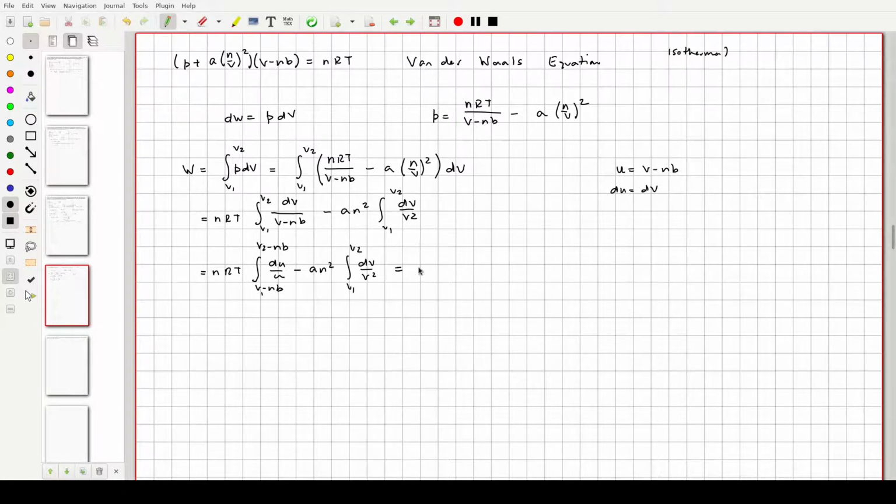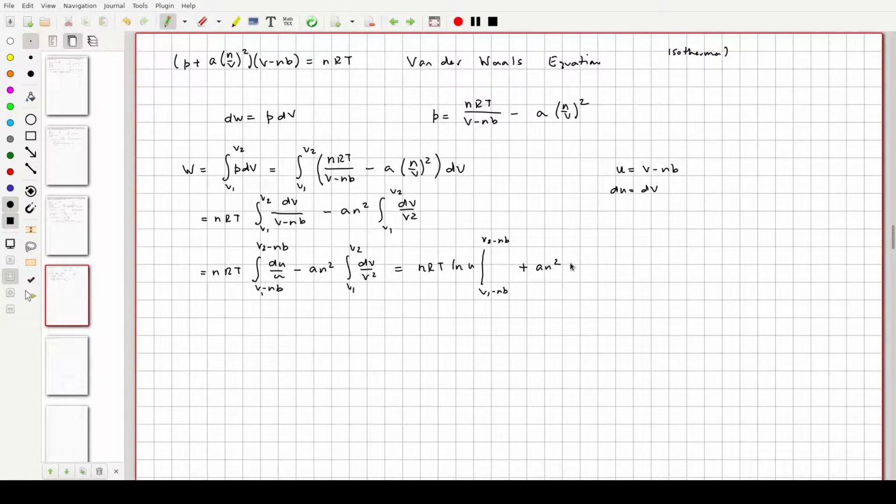So at the end of the day, you end up with n times R times T times the natural log of u, and u goes from v1 minus nb to v2 minus nb. The second integral, like I said, becomes positive now.